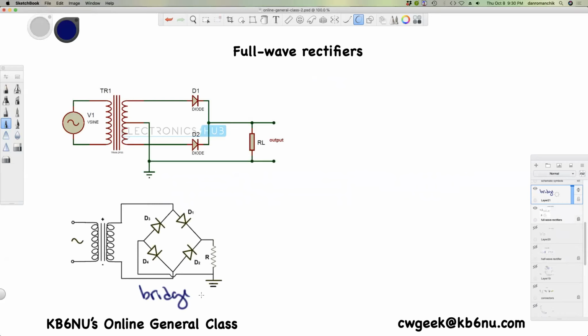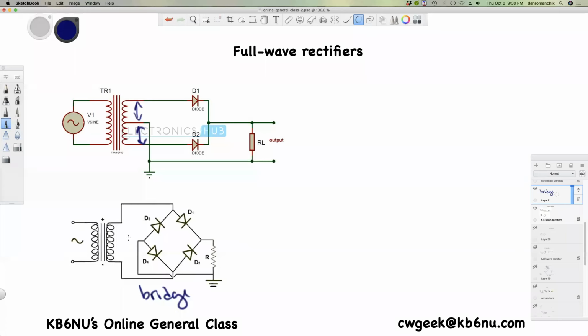Well, besides being 4 diodes versus 2 diodes, the biggest thing is the 2 diode full wave rectifier requires twice the windings in the secondary because it needs this center tap, because it needs this number of windings on both halves of the cycle.